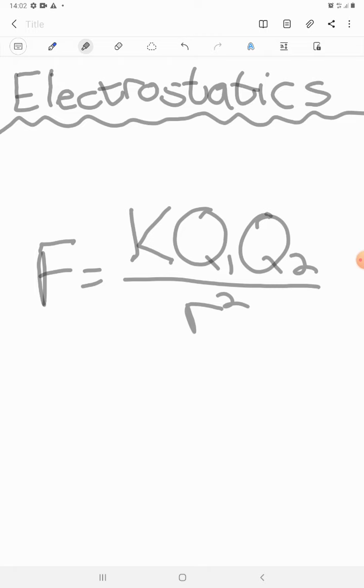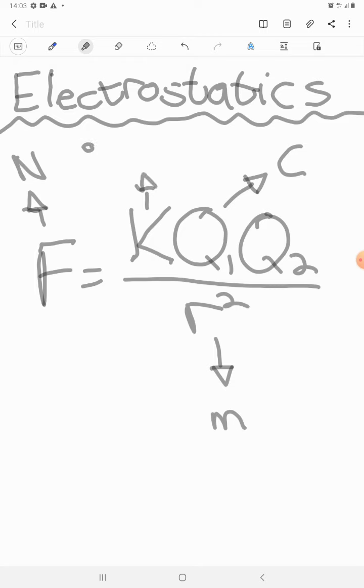The SI unit for F is newtons, charge 1 and charge 2 will both be in coulombs, and R stands for your distance, which will be in meters. And K is your constant, which is 9 times 10 to the power of 9, in newton meters squared per coulomb squared.